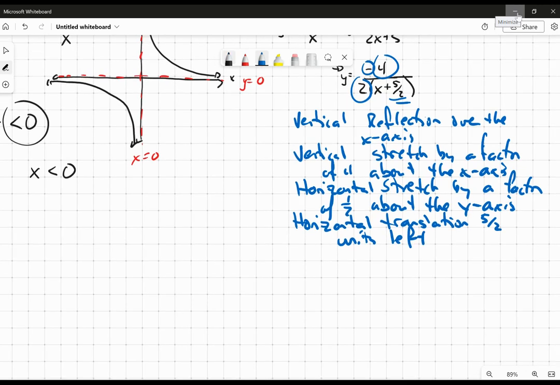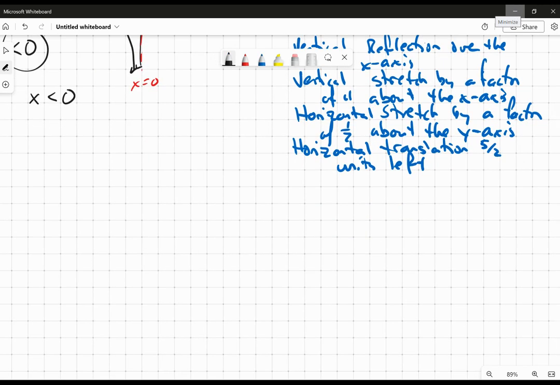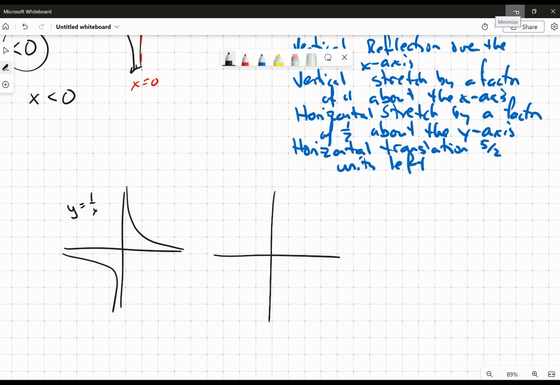So now what's going to happen is this graph that we've got over here, this y equals 1 over x, which looks like this, is going to first of all undergo a flip. So first of all, I'm going to have this reflection. Then it's going to undergo my stretches, and I'm going to do the horizontal and vertical stretches together.